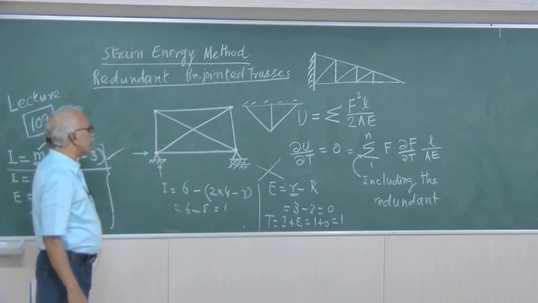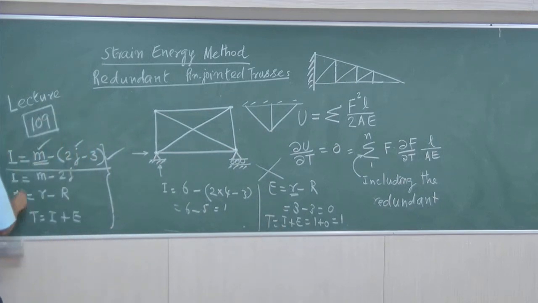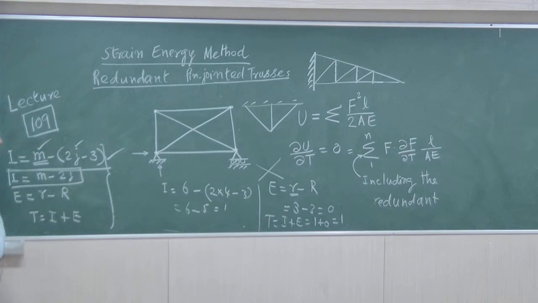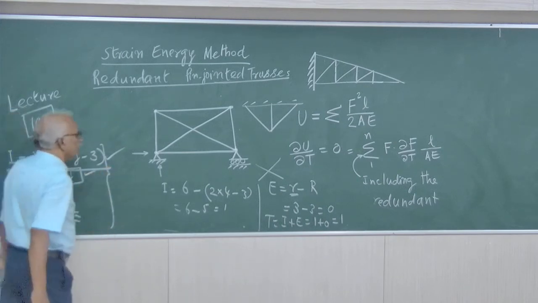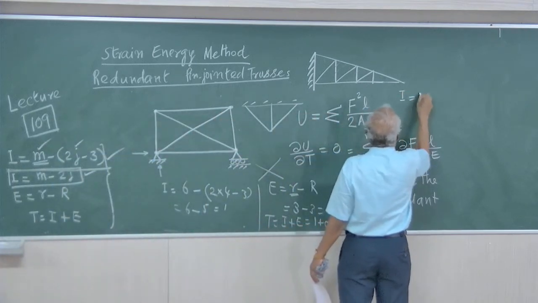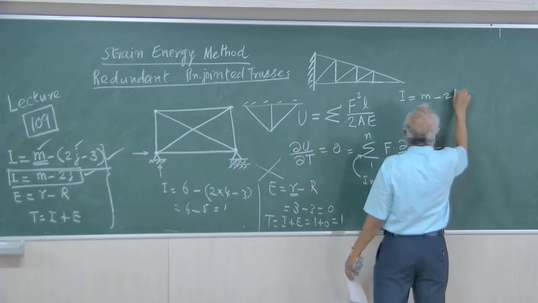Now, when the truss starts from a rigid base, the formula to be used is I equal to m minus 2j. Therefore, for this, I equal to m minus 2j.